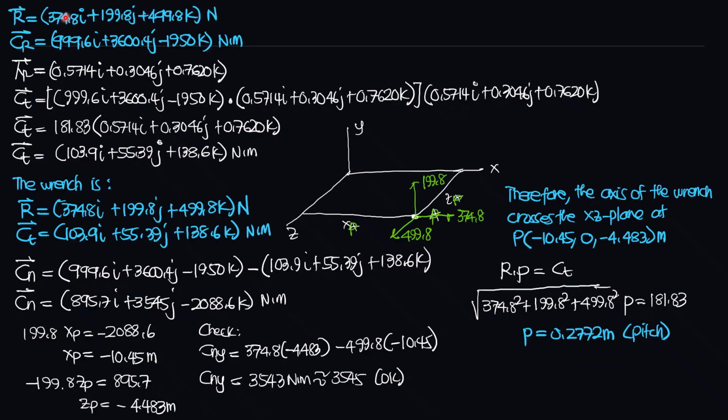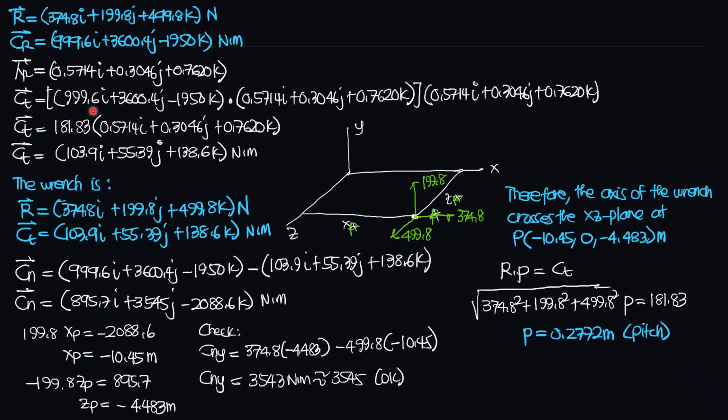So to continue, remember that this is the resultant force and this is the resultant couple. And the unit vector from the preceding slide is equal to this. So we now have the tangential component of the couple, which is the resultant couple dotted with the unit vector of the resultant. And it's just the sum of products of corresponding components.